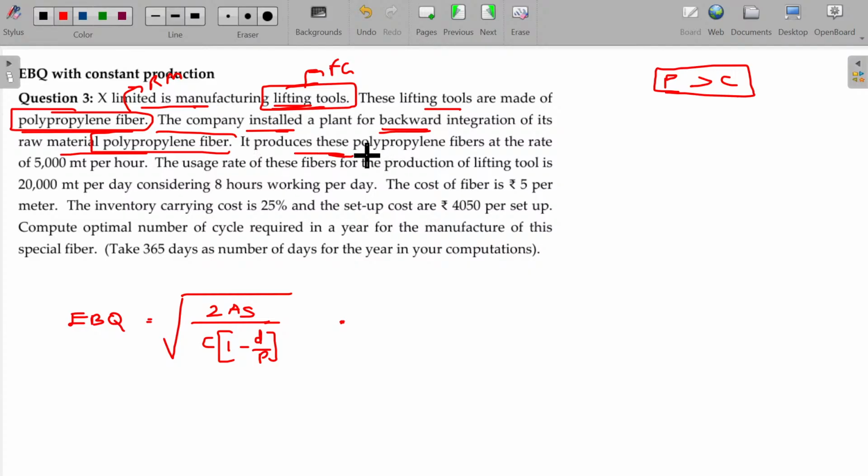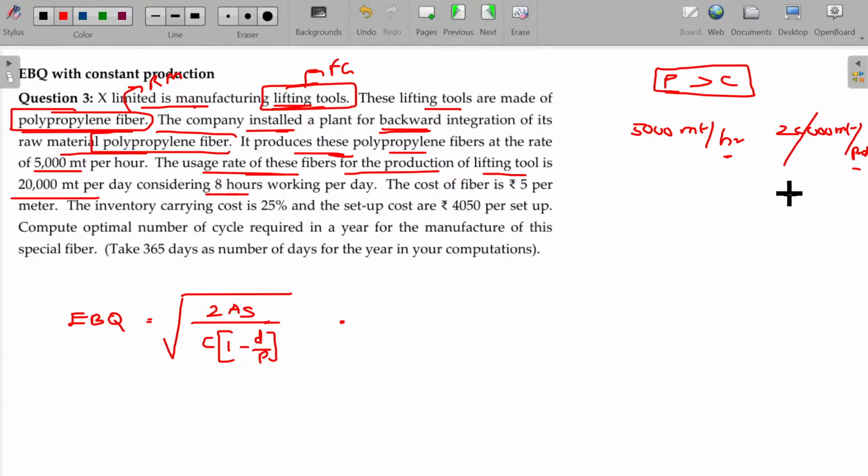It produces these polypropylene fibers at the rate of 5,000 metric ton per hour. And the usage rate of these fibers for the production of lifting tools is 20,000 metric ton per day. To confuse you, here it is given per hour, there it is given per day. A day consists of 8 hours, usually.